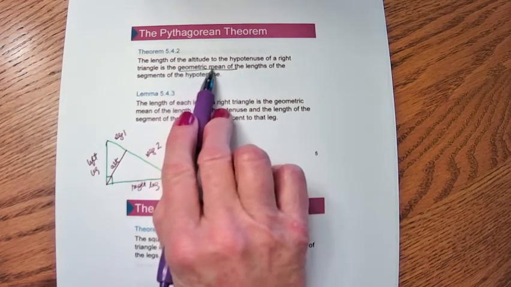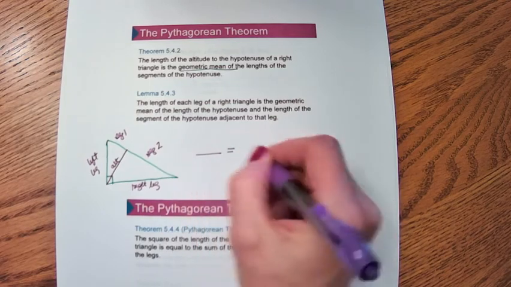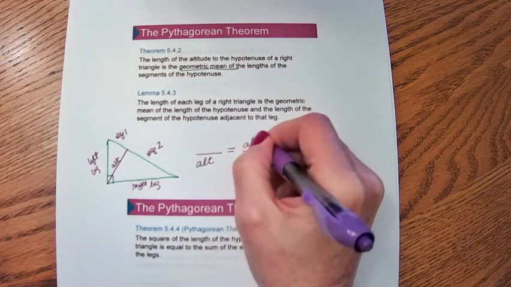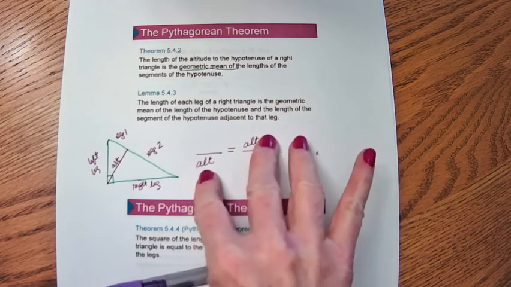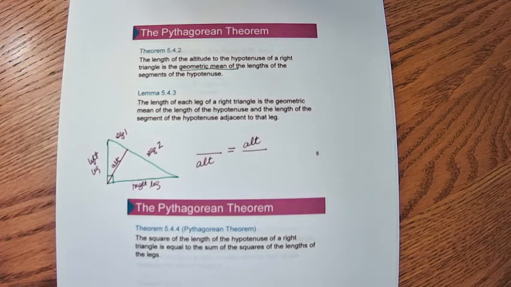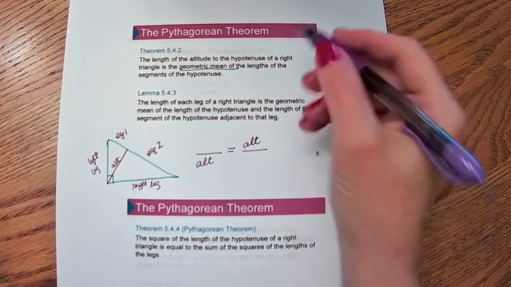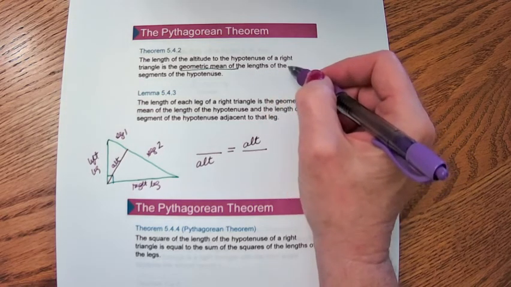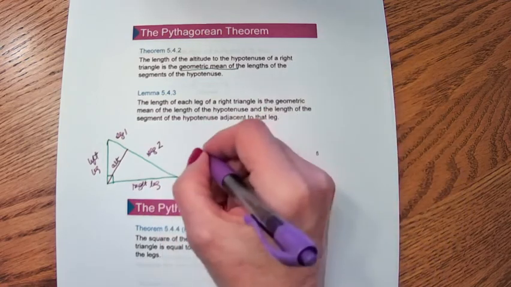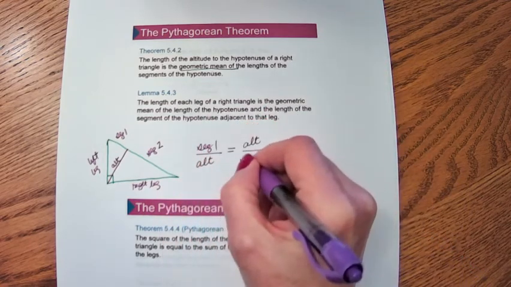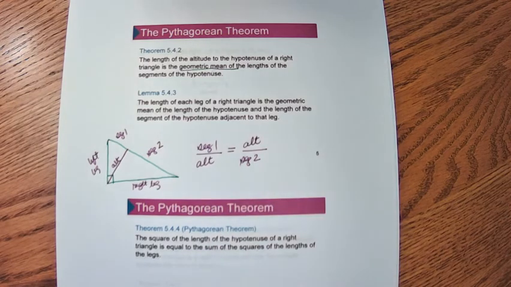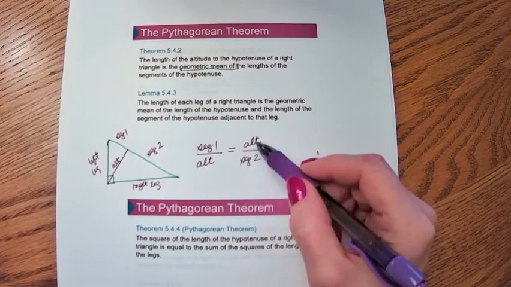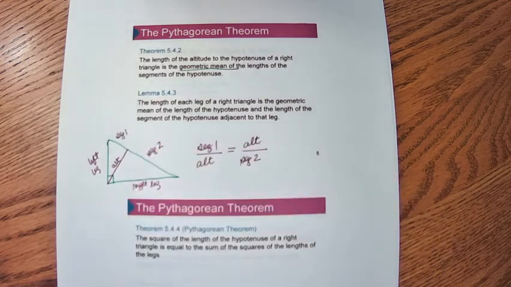The altitude is the geometric mean. Geometric mean means it goes here. The altitude is the geometric mean, the same number in the insides, not the extremes. The altitude is the geometric mean of what? The lengths of the segments of the hypotenuse. So it's the geometric mean of segment 1 and segment 2. That's theorem 542. The altitude is the mean between those two lengths.